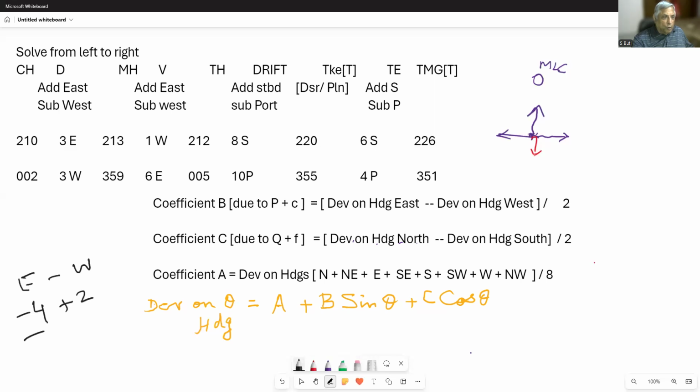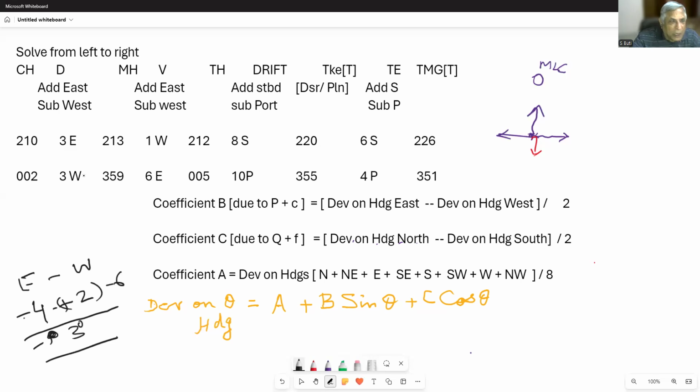So -4 minus +2 becomes -6, divided by 2. It just so happens that coefficient B is -3 degrees.